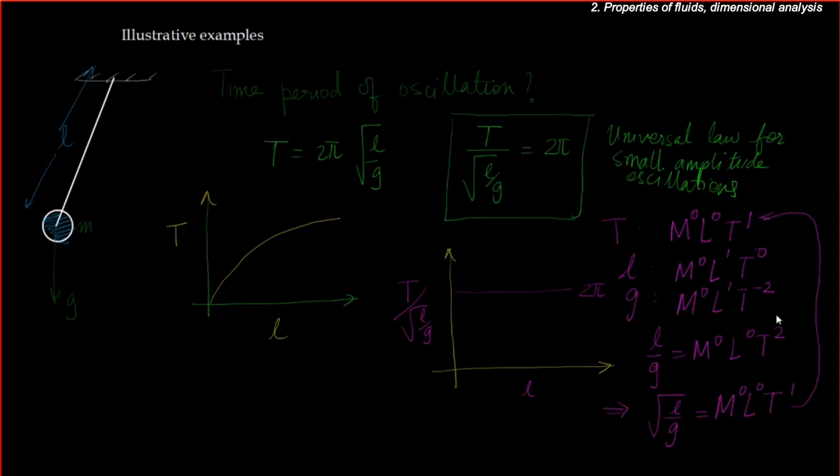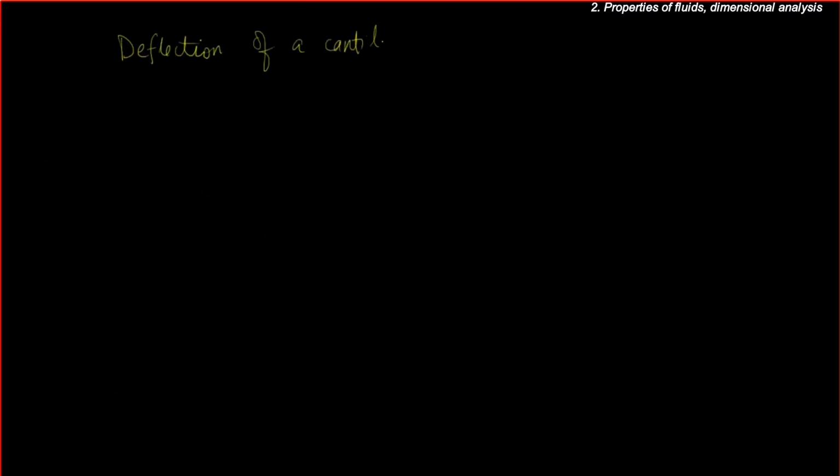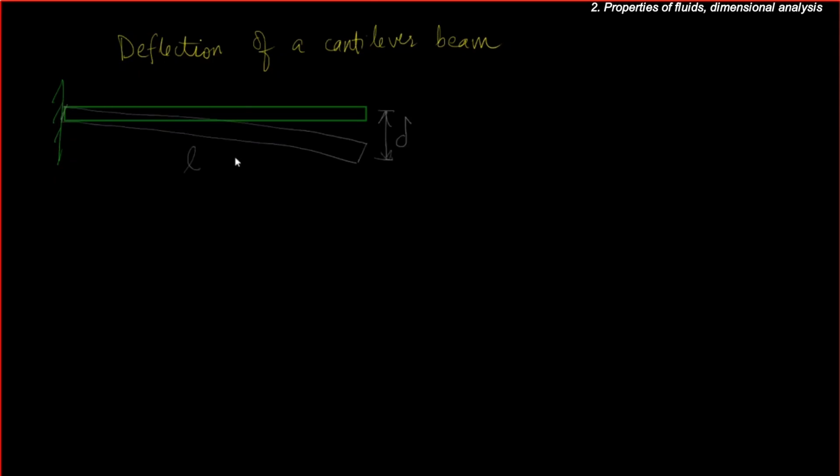And the square root of this entity will have a dimension of m to the power 0, L to the power 0, T. This is the dimension of time which is on the left hand side. Therefore, T upon square root of L upon g is a dimensionless quantity, and in this particular case it is equal to a constant.